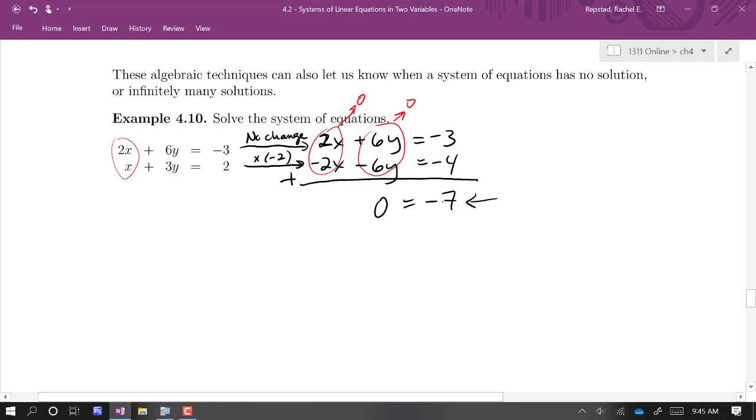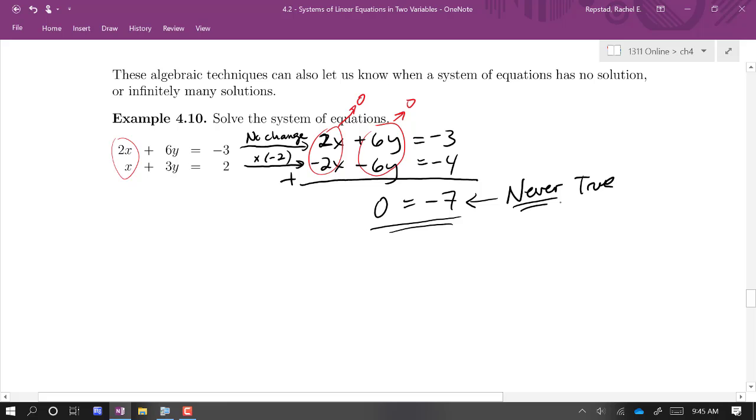I'm going to say something earth-shattering right now, so brace yourself: 0 is pretty clearly not equal to -7. So we made legitimate algebraic moves, and we got this equation 0 equals -7. This is false. In fact, this is never true.